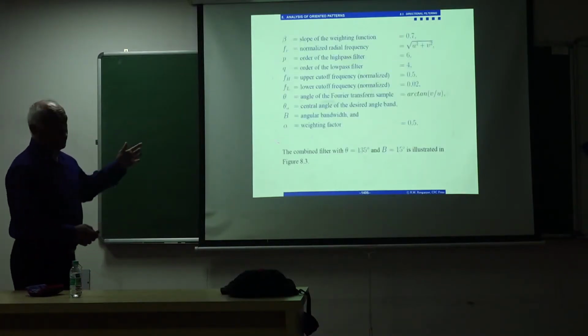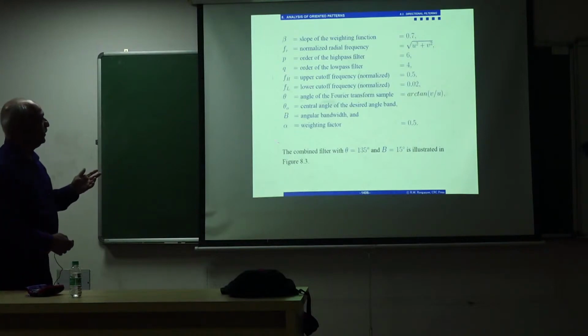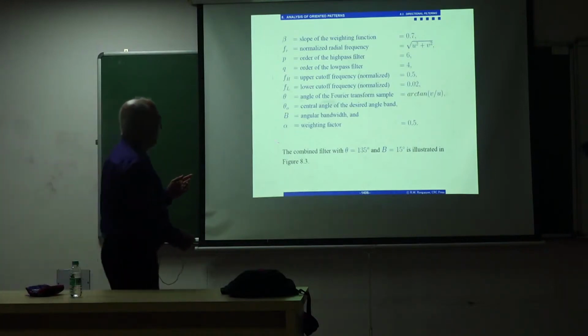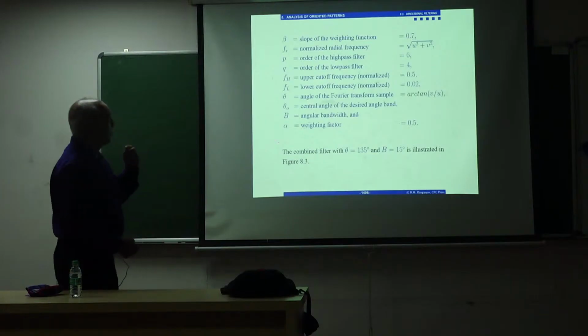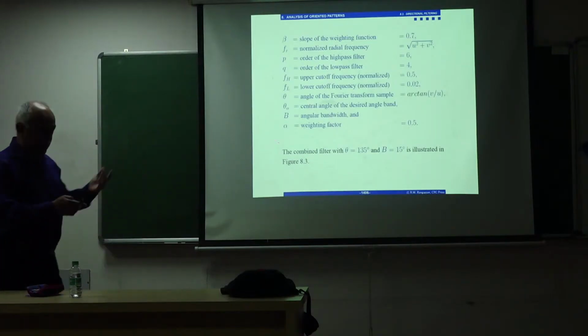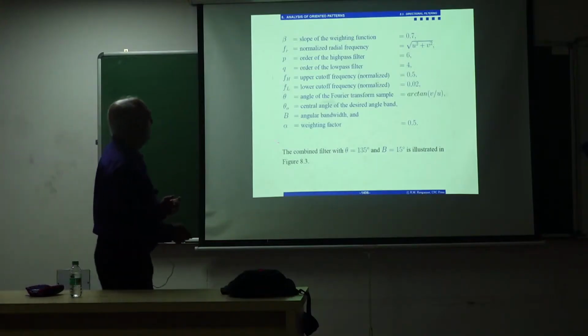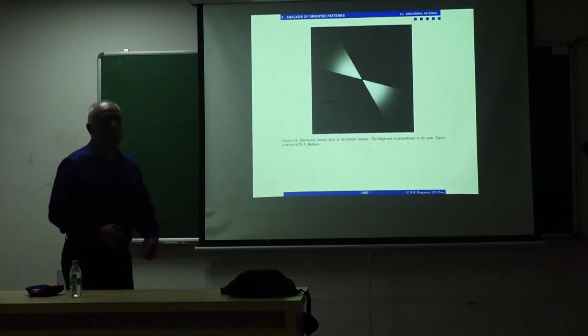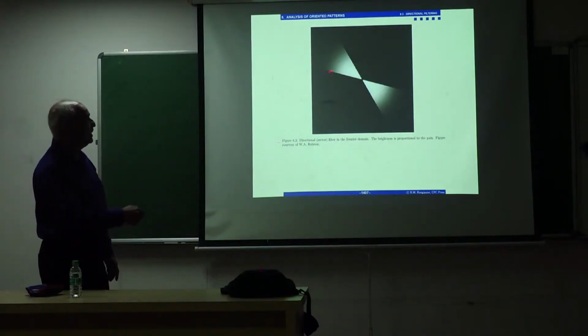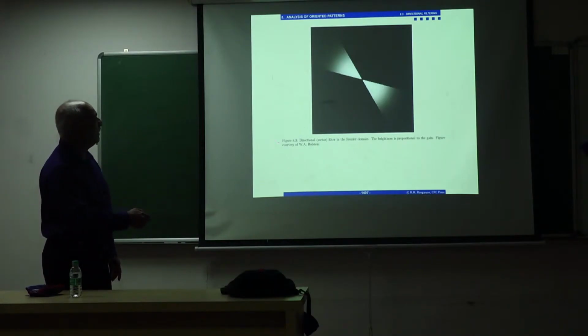So there are all these parameters that we had to specify in order to get this filter. You don't need to worry about all these specifications. For a certain application, these are the parameters we used, and the filter looks like this. So this is the bandwidth of the fan filter.